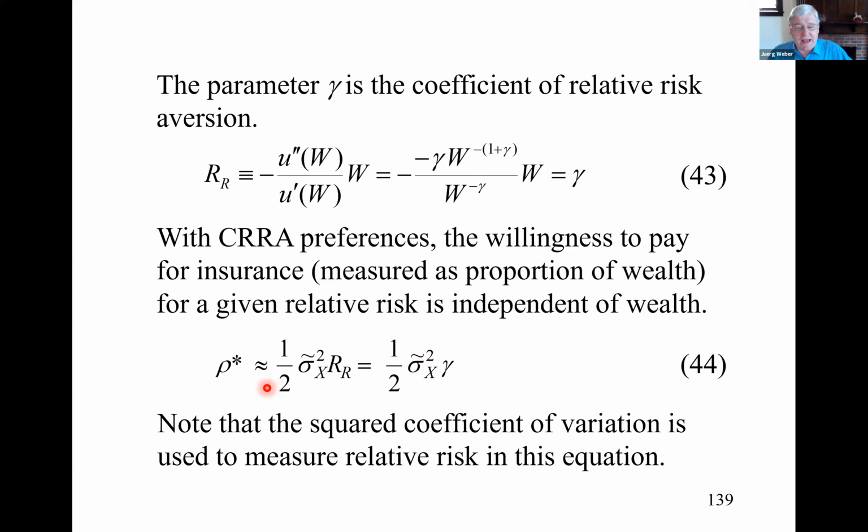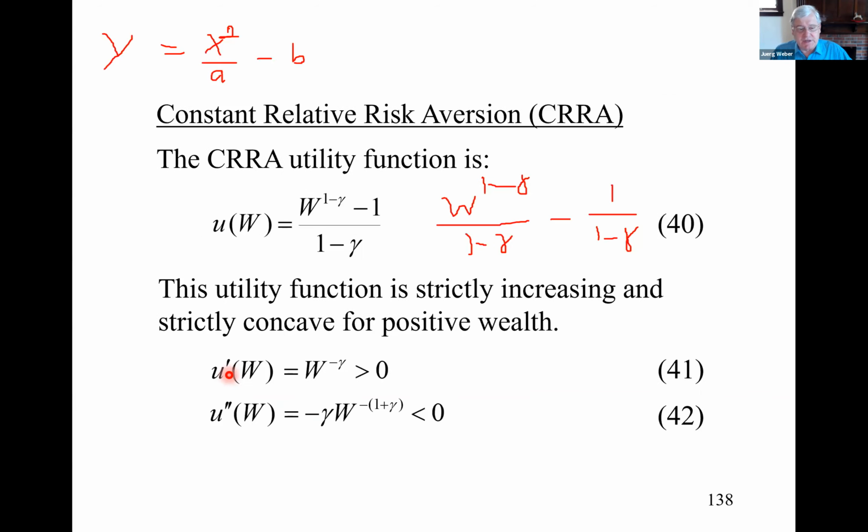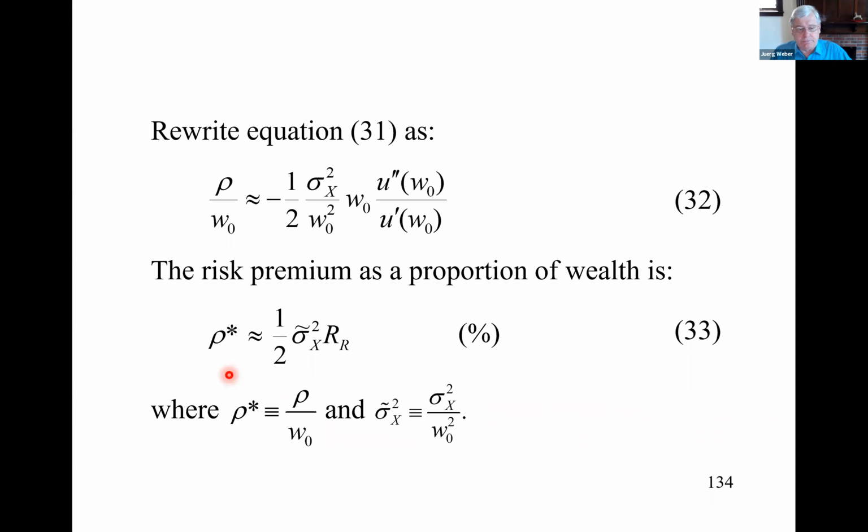So I take now the version of earlier of this approximation here of the risk premium, okay, where we express the risk premium as proportion of wealth. That's a rho star. We did this also in the last lecture. You see the rho star is actually rho divided by wealth here in equation 33.